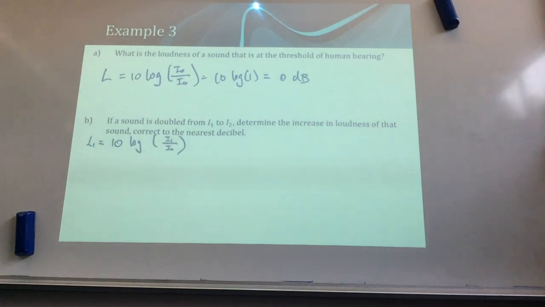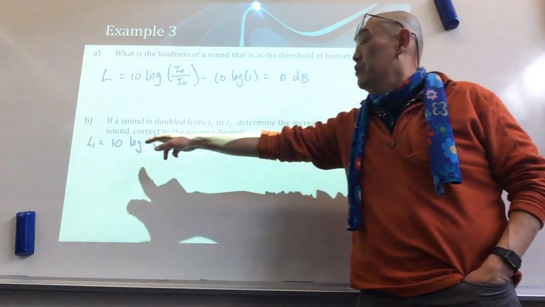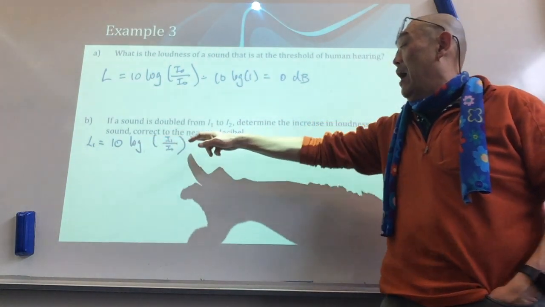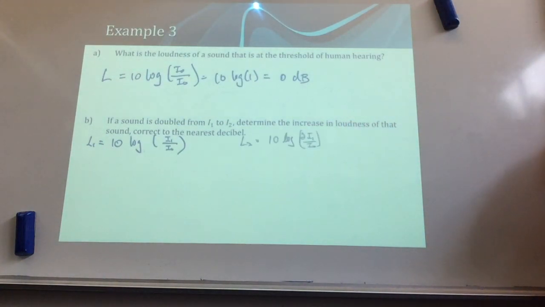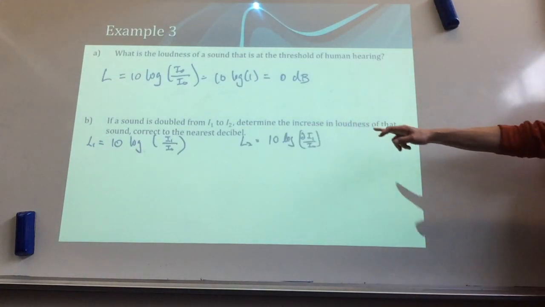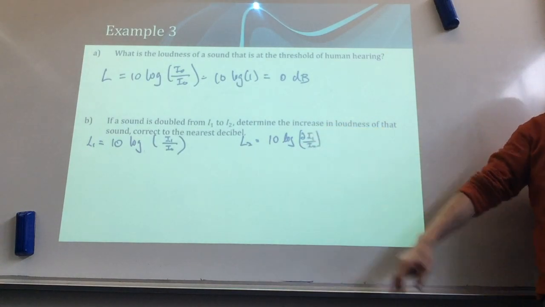And then a sound doubles from I1 to 2I1. Determine the increase in loudness. L1 is 10 log of I1 over I0, and L2 is 10 log of 2I1 over I0.